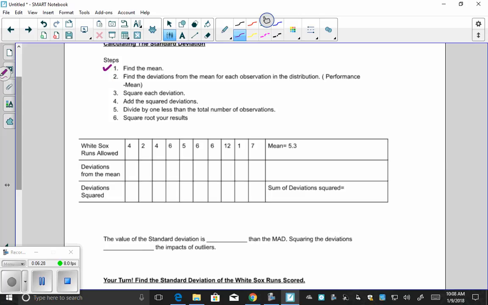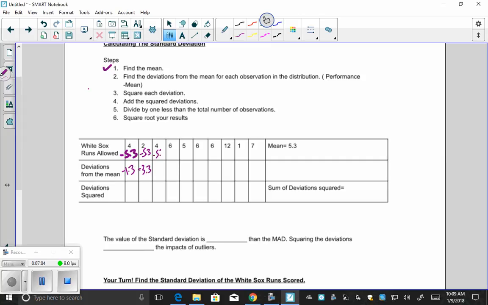Remember, to find the mean, you add them all up and divide by how many you have. Step 2: find the deviations from the mean for each observation in the distribution, which means performance minus the mean. So I'm going to do 4 minus 5.3, which gives me negative 1.3. 2 minus 5.3, it's the same thing, which should give me negative 3.3.